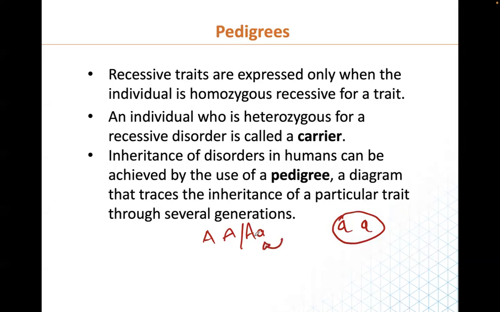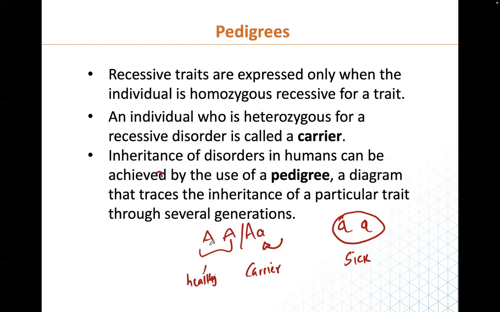What does heterozygous mean? The person has one dominant and one recessive allele. So since he's heterozygous, we call him a carrier. But this person with a double recessive is sick from the disease, and this person is healthy.